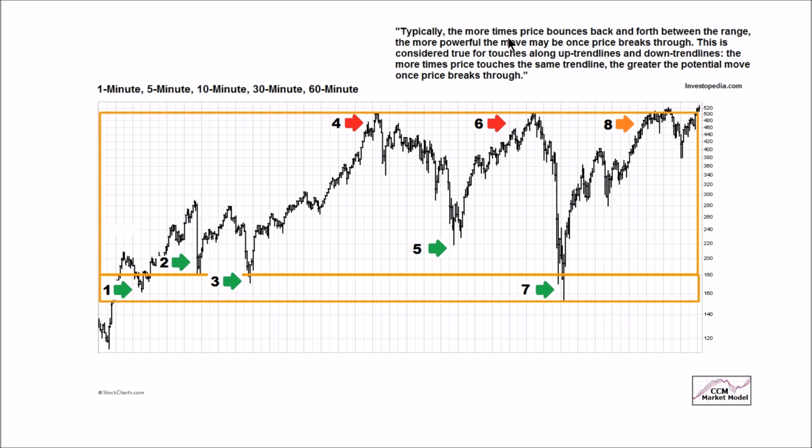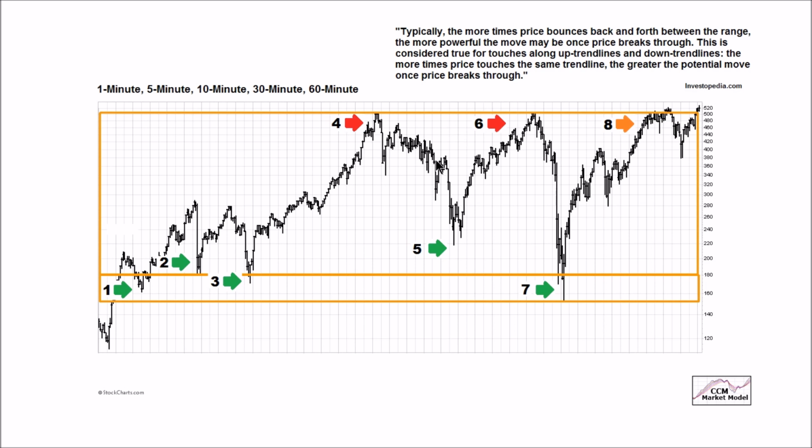Typically, the more times price bounces back and forth between the range, the more powerful the move may be once price breaks through. This is considered true for touches along uptrend lines and downtrend lines. The more times price touches the same trend line, the greater the potential for the move once price breaks through.